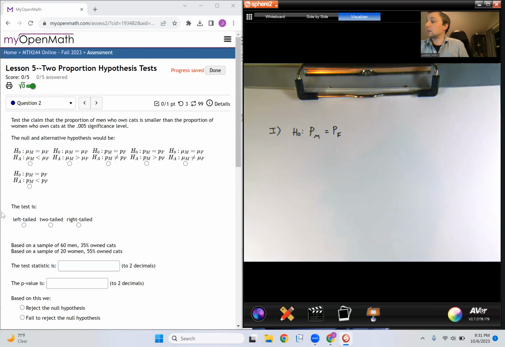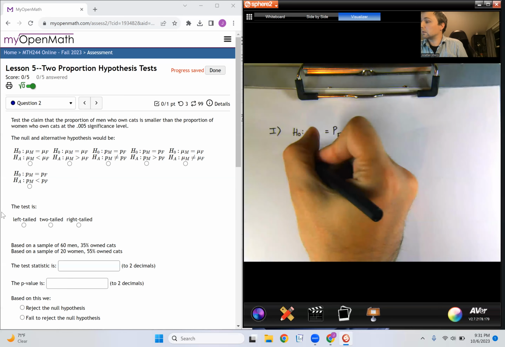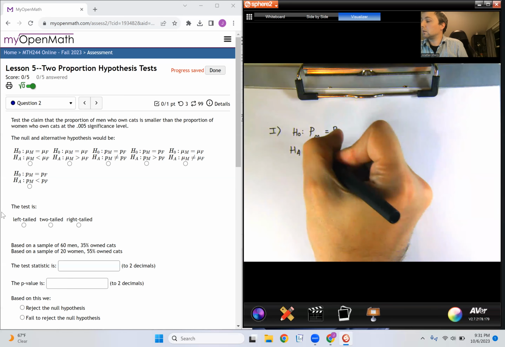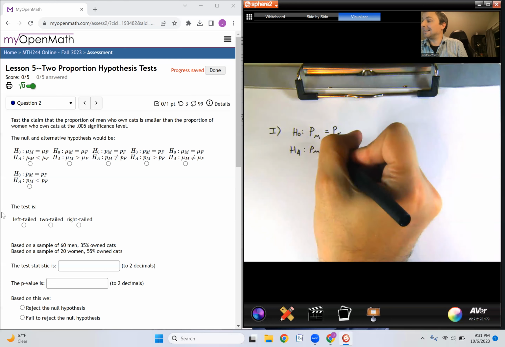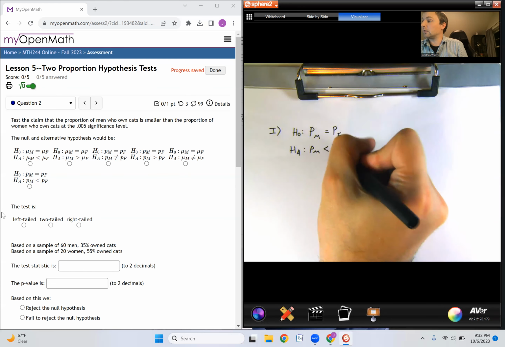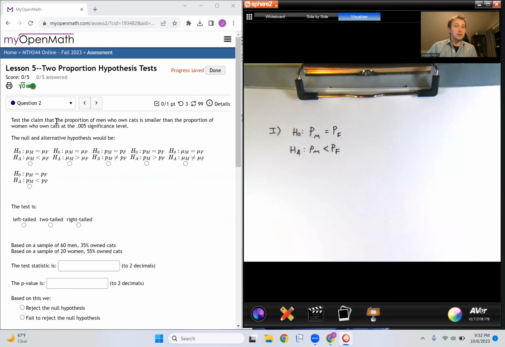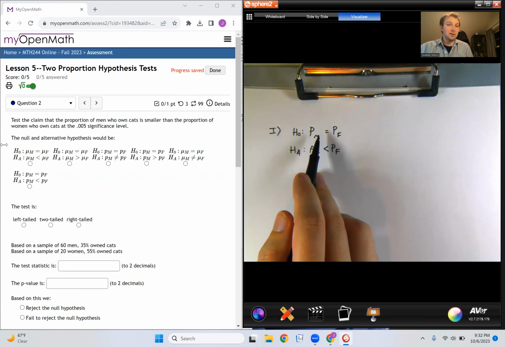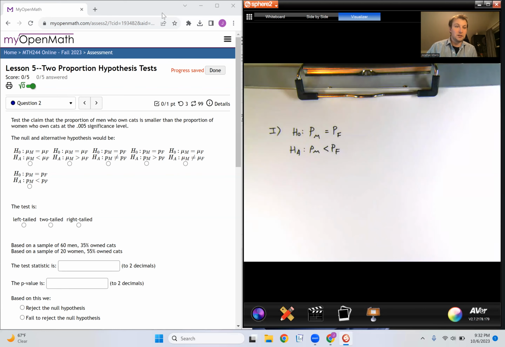Alternative hypothesis: the proportion of males is less than the proportion of females. So the claim here is that the proportion of men who own cats is smaller than the proportion of women who own cats. They're using M for male and F for female, so a little bit of weird notation going on, but that's what they have here in MyOpenMath.